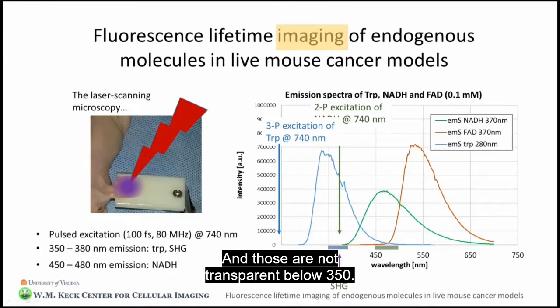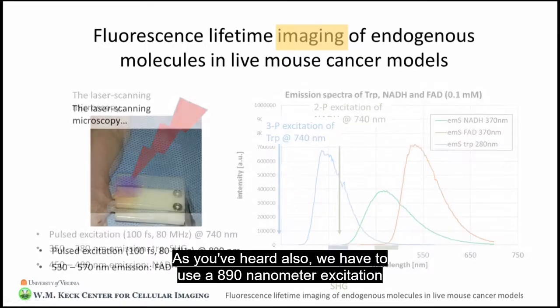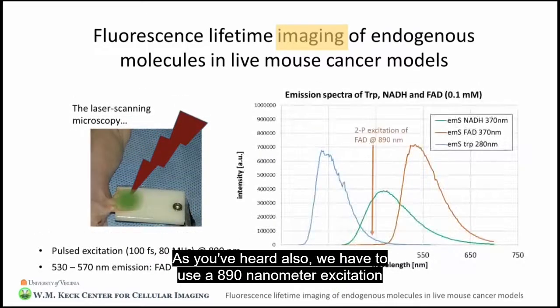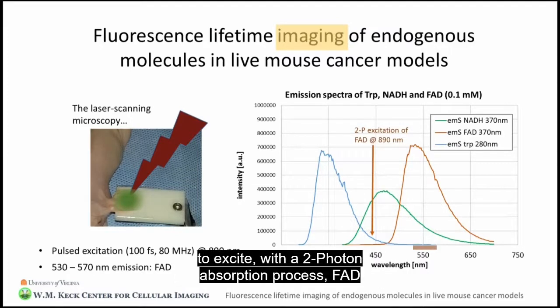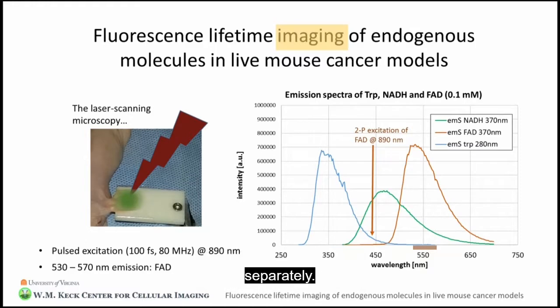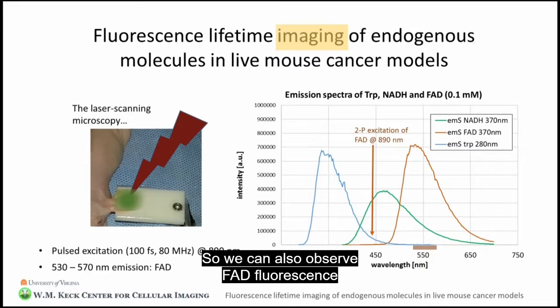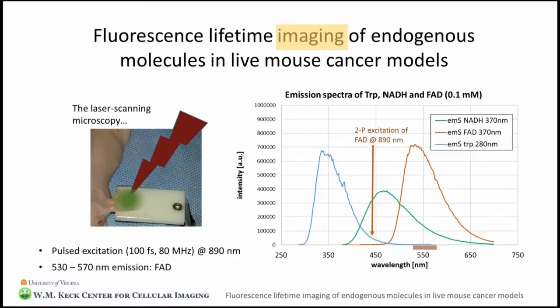And as you heard also, we have to use 890 nanometer excitation to excite FAD separately with the two-photon absorption process. So we can also observe FAD fluorescence in the green-yellow spectral range.